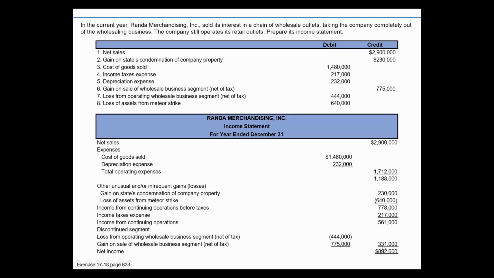So we take that and add it to the income from continuing operations of $561,000, because it's a positive number. We come out with our net income, or our bottom line profit, of $892,000 for the year ended December 31st.